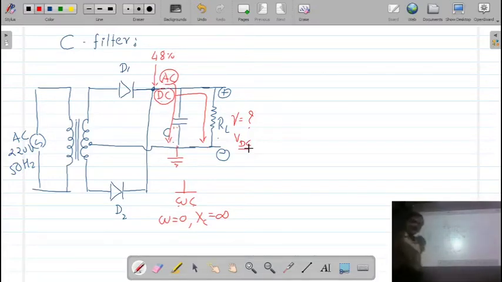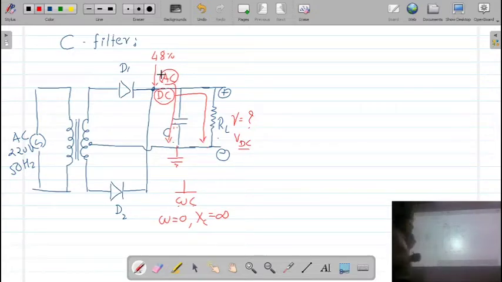In this way, we can say that the capacitor is going to separate the AC current and DC current, and across the load we have only a DC current. Therefore, the capacitor is useful to minimize the amplitude of the AC current.